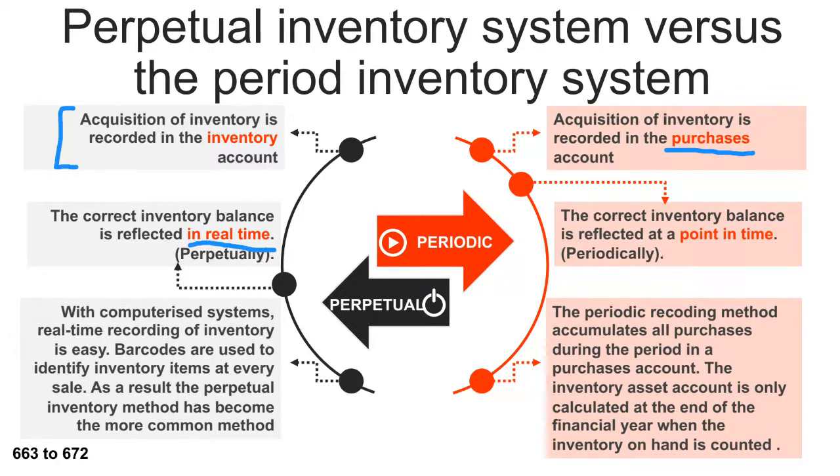So things like losses due to theft, if there's small amounts of theft, if there's small amounts of damage and that sort of stuff, we won't be able to accurately pick up these instances with the periodic system because we don't always know what's happening in our warehouse. So like I said, the balance of inventory is accurate at a point in time, right?